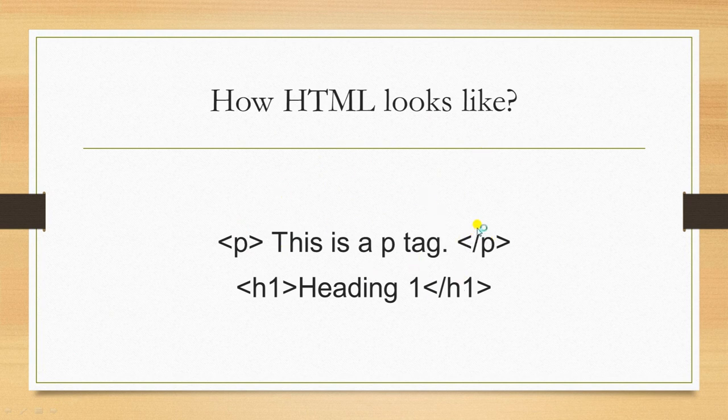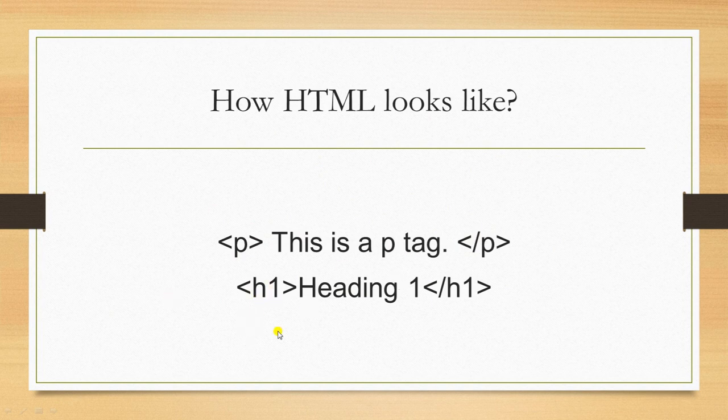Now we need to close the tag, so we use a left angle bracket, slash, the tag name and the right angle bracket. And in the next example we are doing a heading. So in the first example we are using a p tag, which is used to do a paragraph. And then in the next example we are using an h1 tag that is used to do a heading.